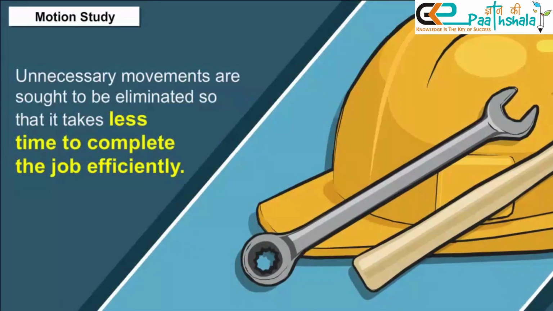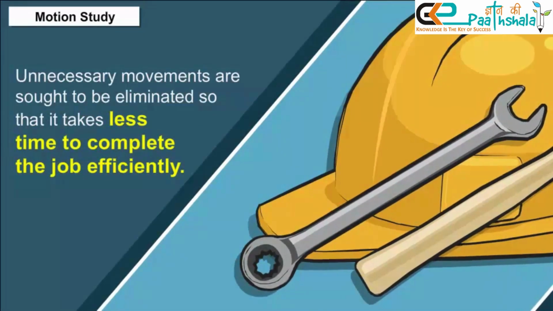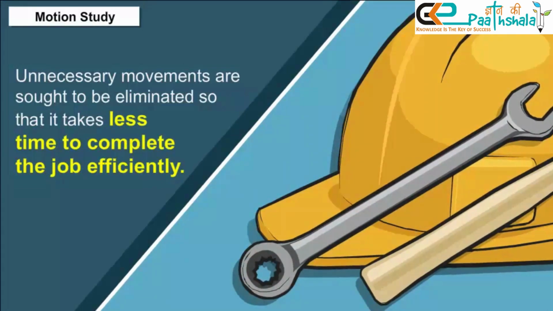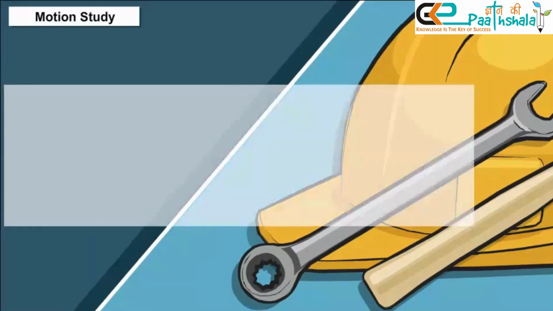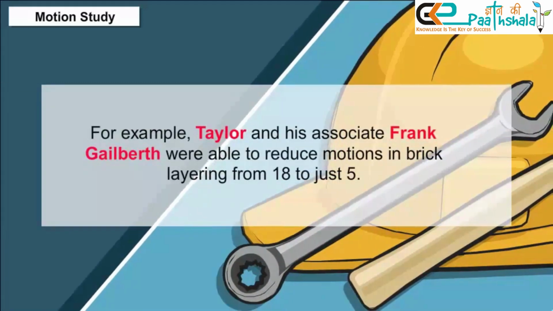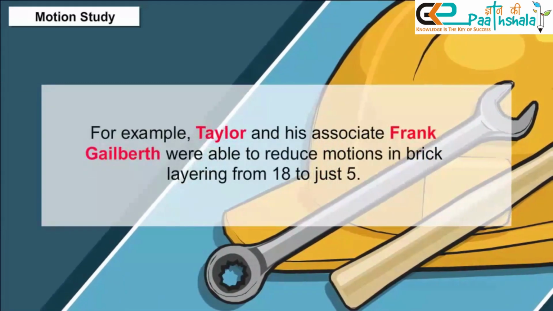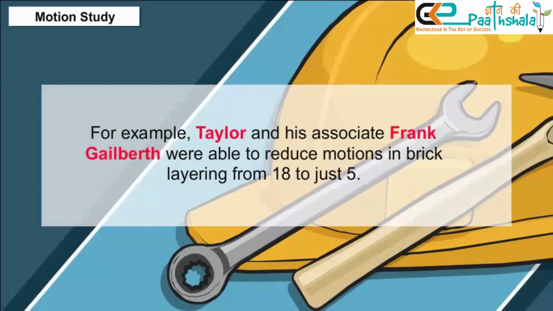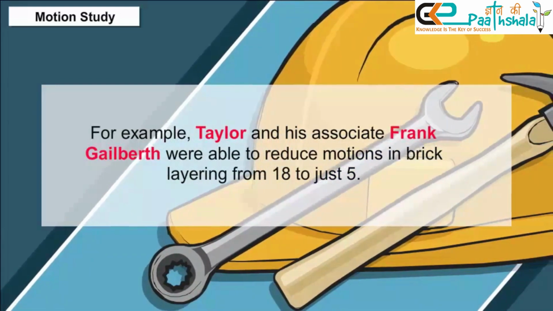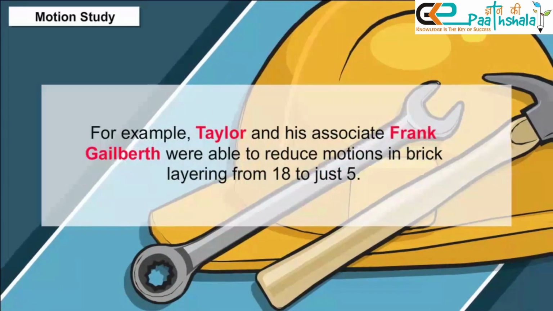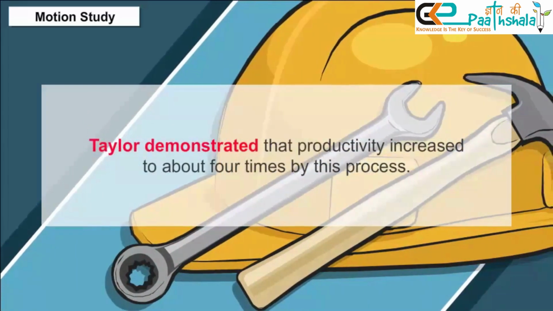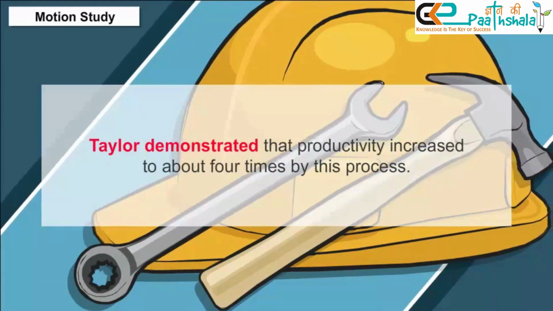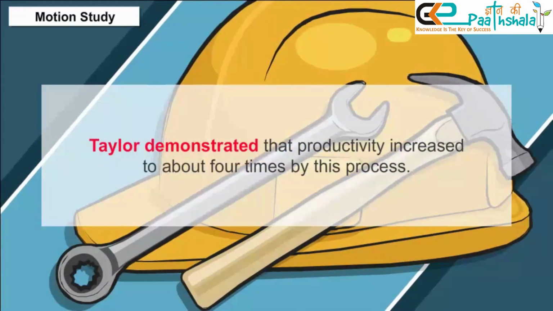Unnecessary movements are sought to be eliminated so that it takes less time to complete the job efficiently. For example, Taylor and his associate, Frank Gilbreth, were able to reduce motions in bricklaying from 18 to just 5. Taylor demonstrated that productivity increased to about 4 times by this process.